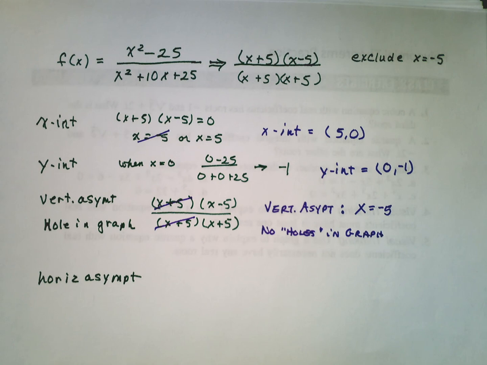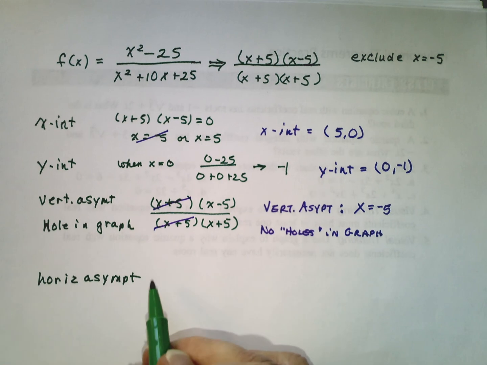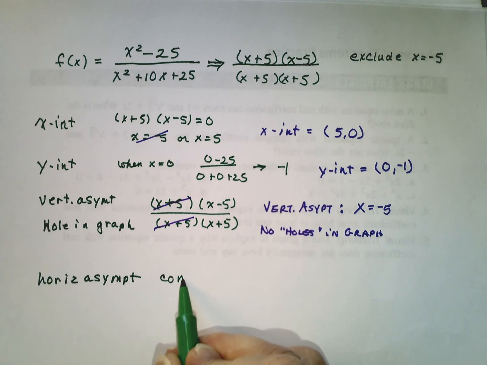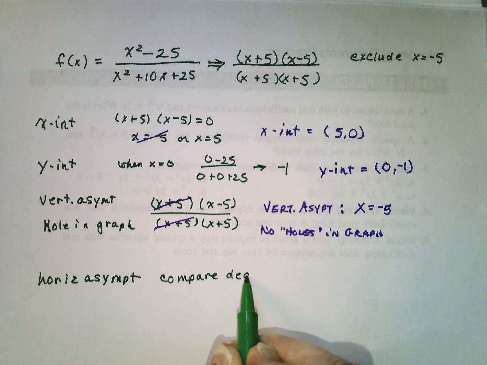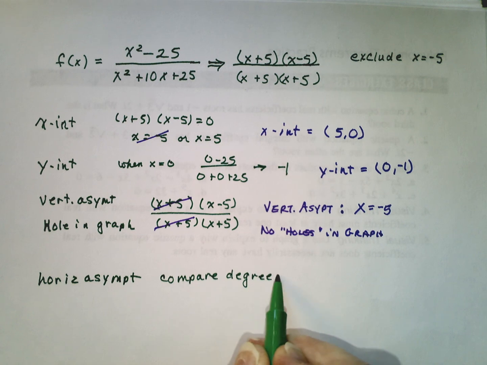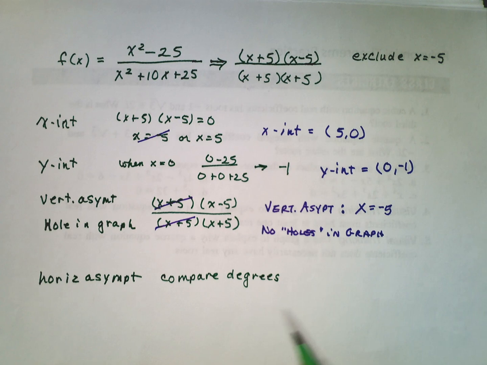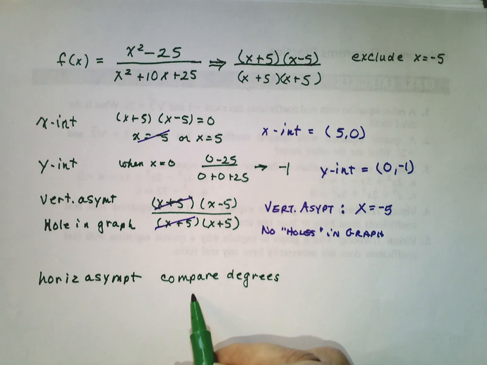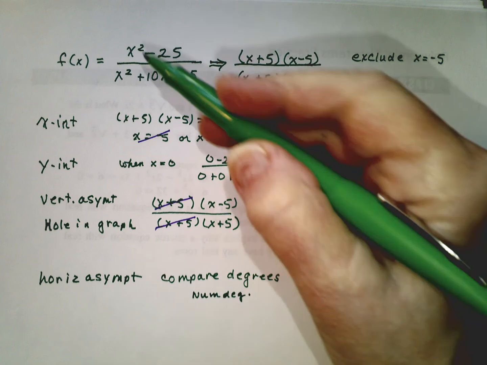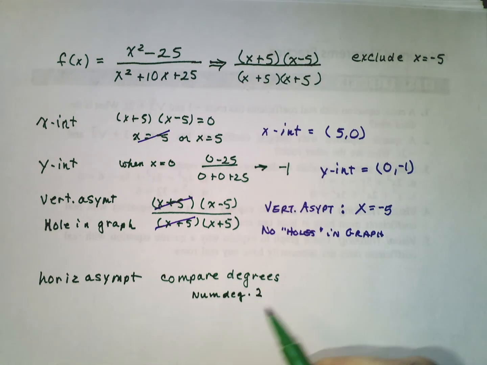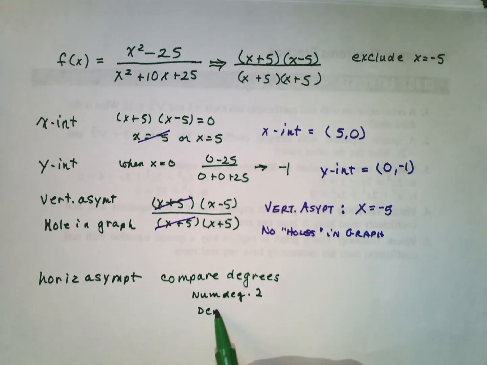Finally, for the horizontal asymptote, we just compare the degrees. And I would look at the original. So the numerator degree is a 2. The denominator degree is also a 2.